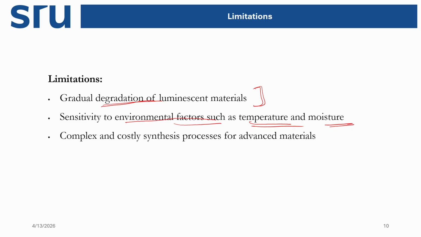Now, the complex and costly synthesis process for advanced materials. This is very important. Let's say we are making some quantum dot molecules, or OLEDs, or a luminescence compound. How easily can we make these materials? If it is very easy to make, then it has very unique applications, or the cost of the material will be reduced.